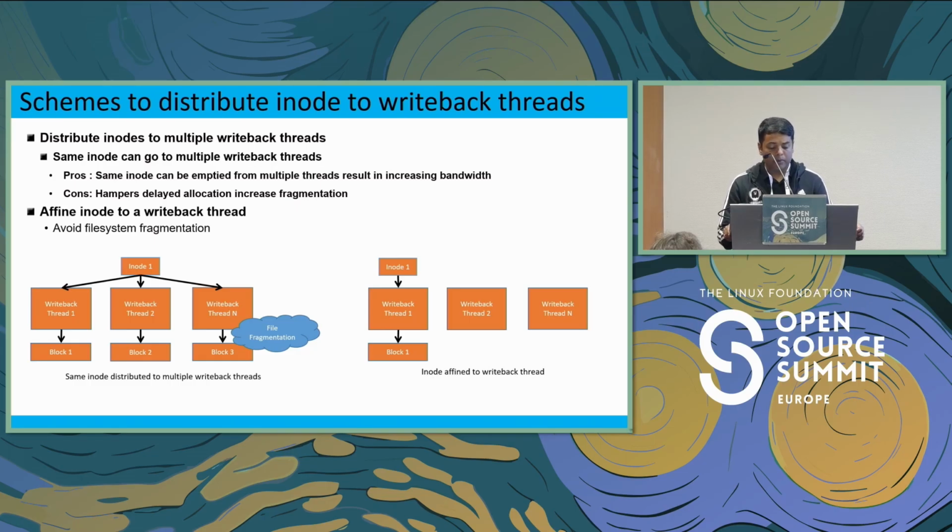But the problem with this type of distribution is that the writeback threads will try to allocate the disk blocks in a parallel fashion also. If they do, it will result in file system fragmentation. So a better approach to avoid the file system fragmentation is to affine the inode to a writeback thread.